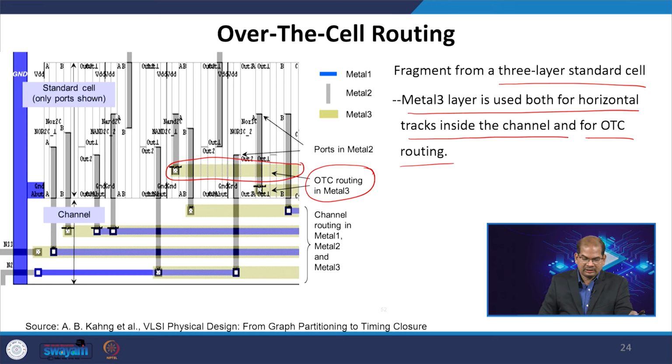Okay. Basically ports are shown in metal 2. So, this will be routed using metal 3, and the channel area can use either metal 1, metal 2 or metal 3, but over the cell only metal 3 is allowed.